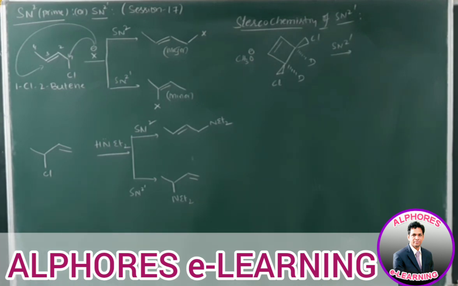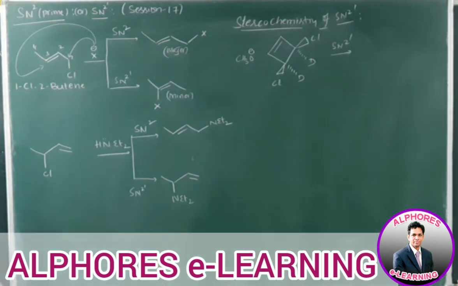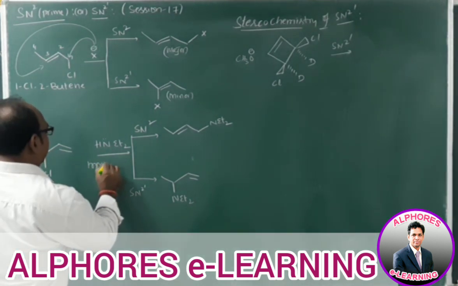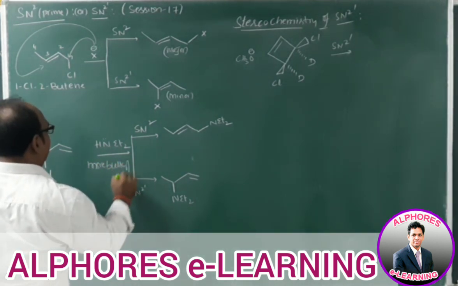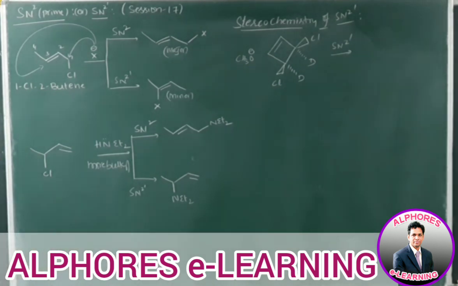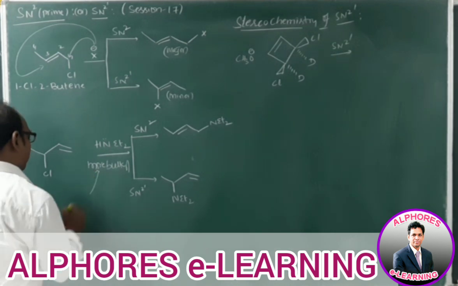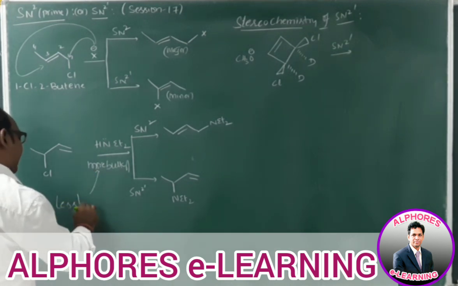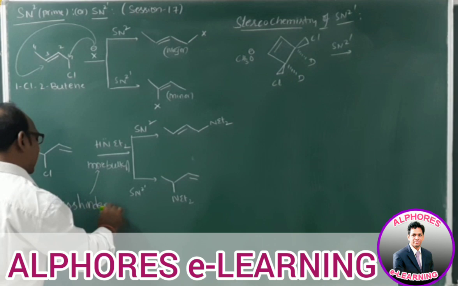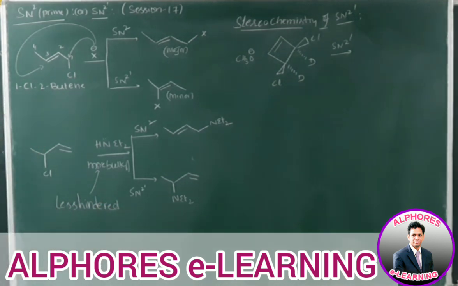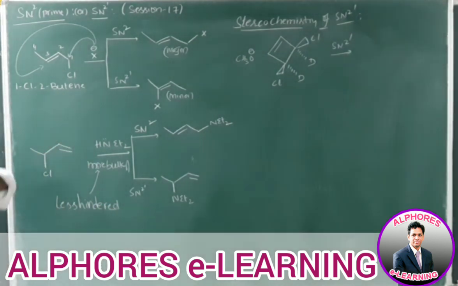For that I am going to use the nucleophile diethylamine, which is more bulky because of two ethyl groups. Being a more bulky nucleophile, it prefers the less hindered position only, and it is not supposed to approach the more hindered position.